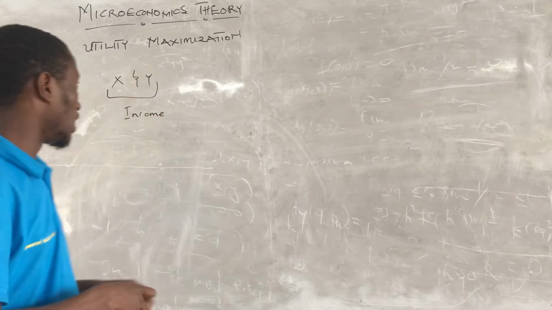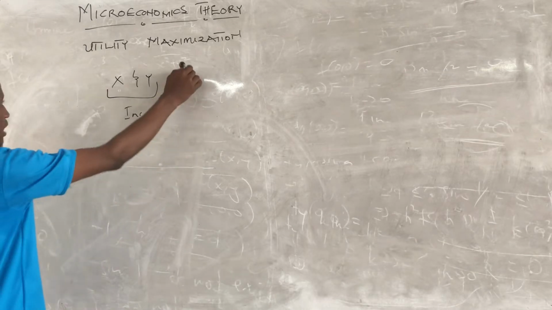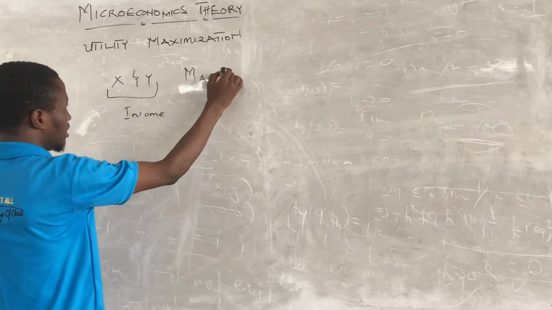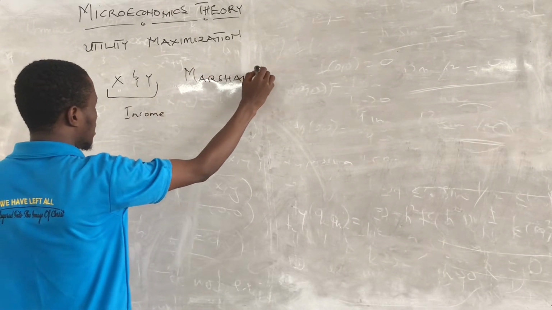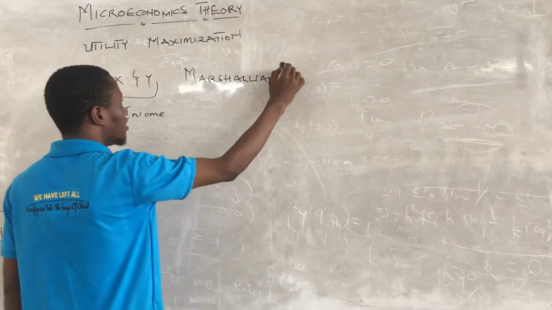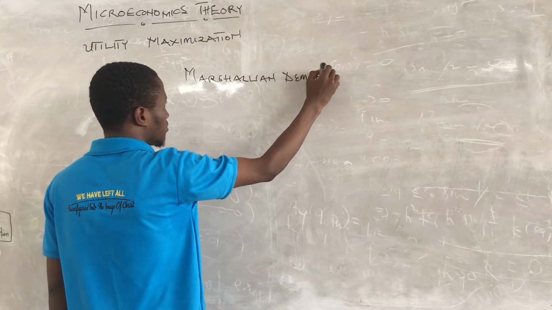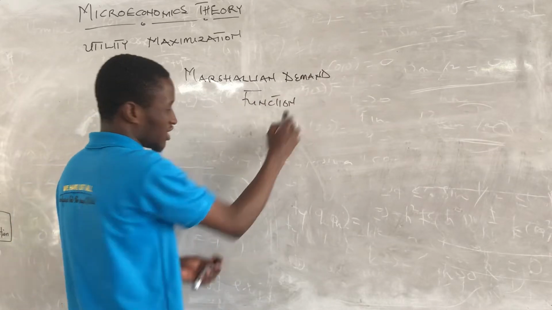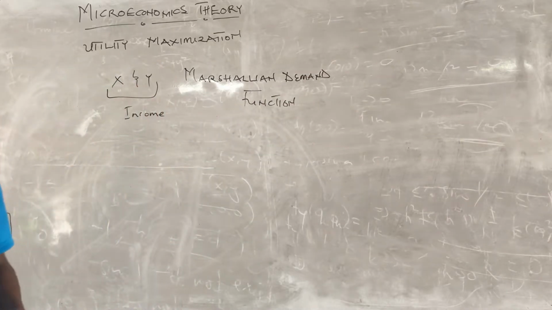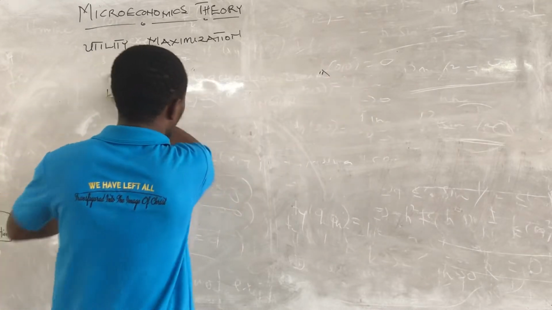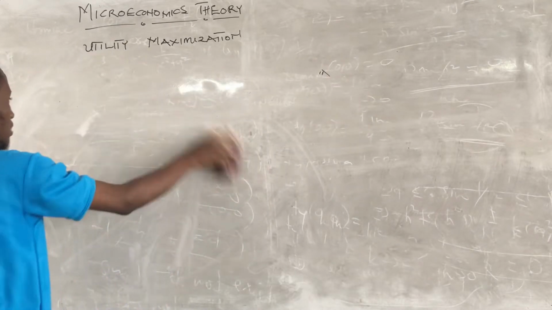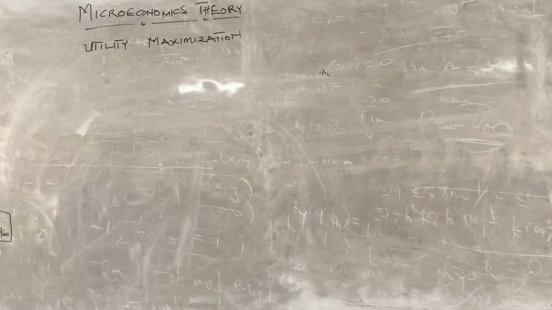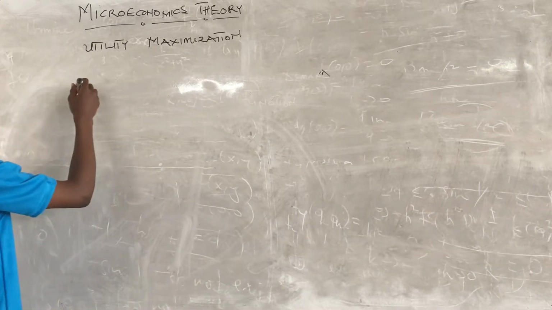And then under that we have the Marshallian demand function. So now we have to know how to find the utility maximization. Normally, they use two approaches.